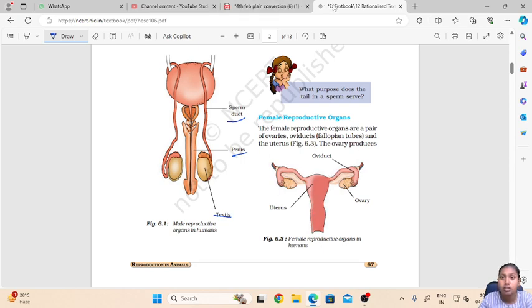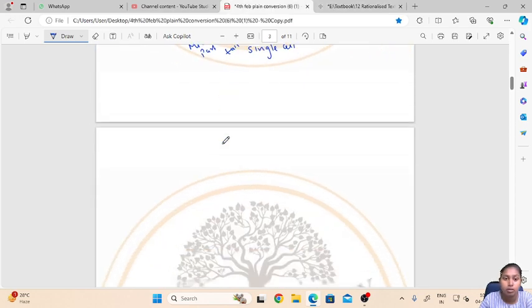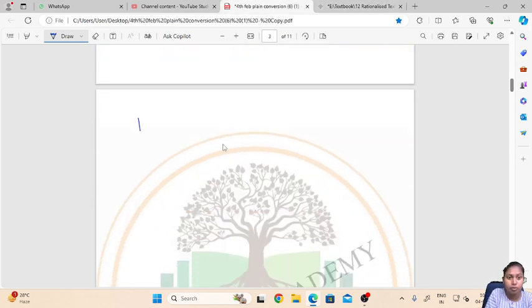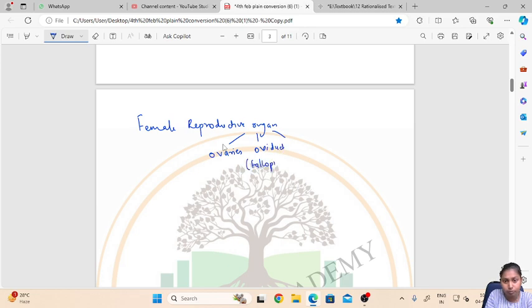So the female reproductive organ has ovaries, oviduct or fallopian tube, and uterus.